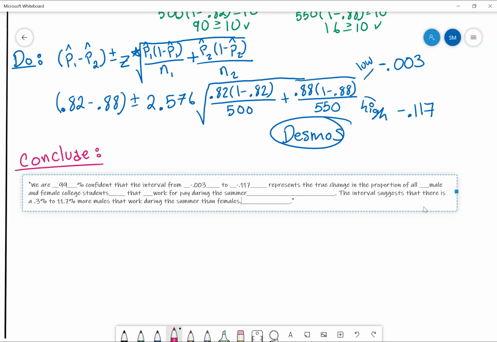And remember, this is college students, so if you want to put male college students that work more than female college students, you can.